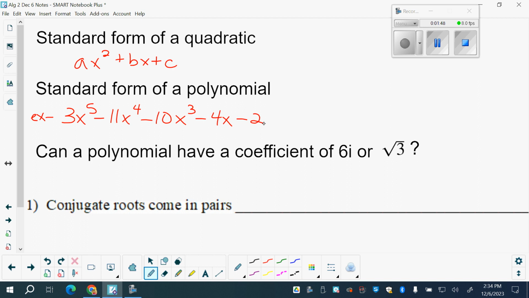Question, can a polynomial have a coefficient of 6i or square root 3? This is a hard question. A polynomial cannot have either one of these. This is a no. We can only have rational coefficients.